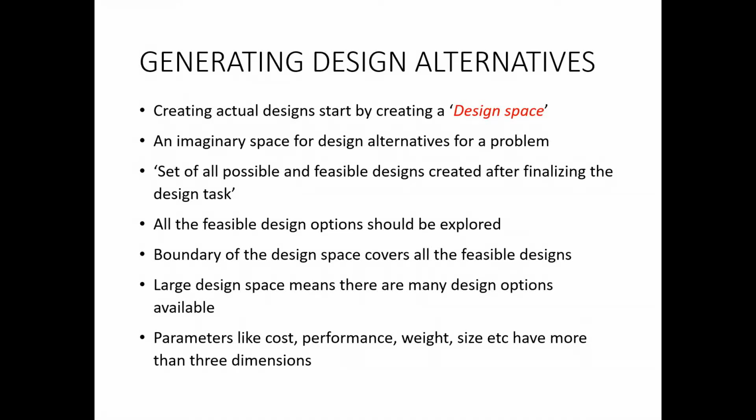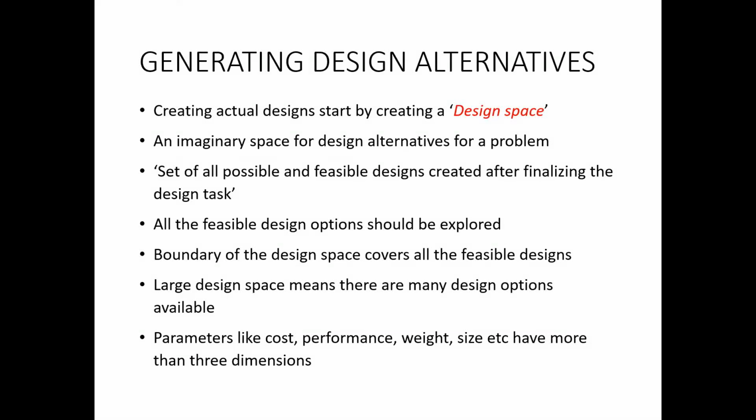So larger design space means there are many design options available. Smaller design space means only a smaller number of design options are available for the designer. And a lot of parameters are considered while we select the design alternatives from this design space, like cost, performance, weight, size, quality.